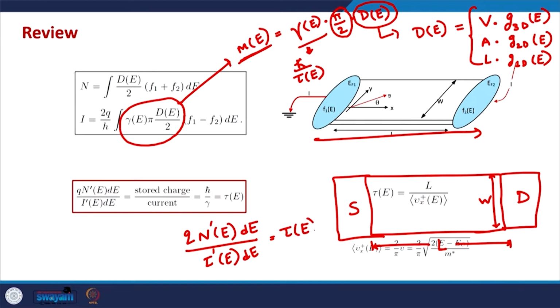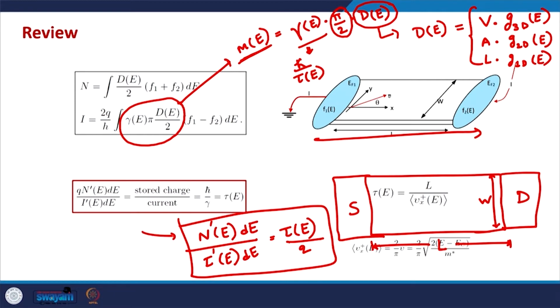In our description in the previous class, we had Q in the denominator of the right hand side. Please also keep in mind that this was true in the case of a thought experiment that we did, in which we applied a large voltage across the device.